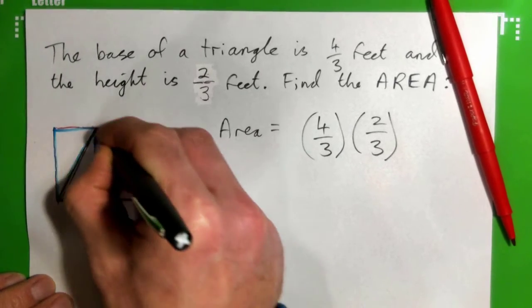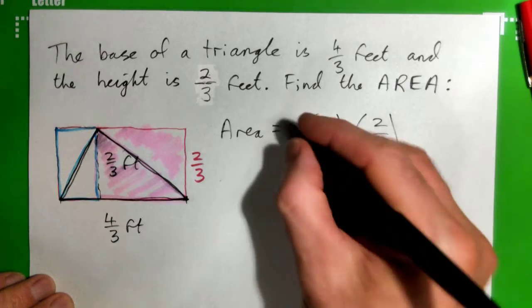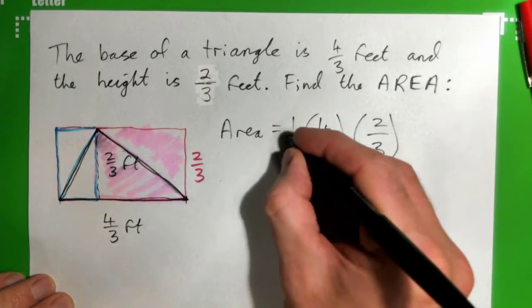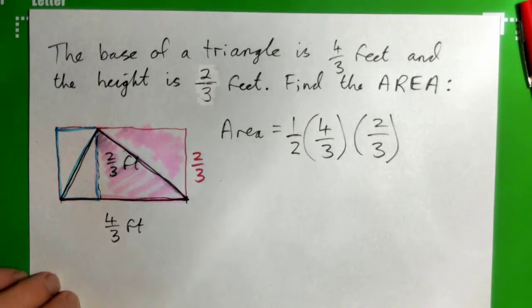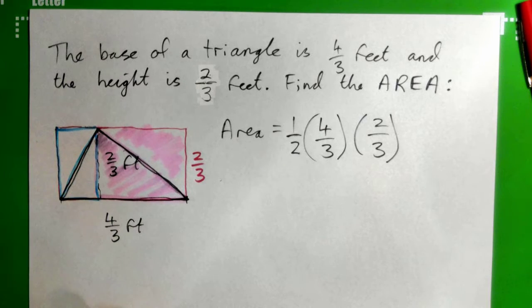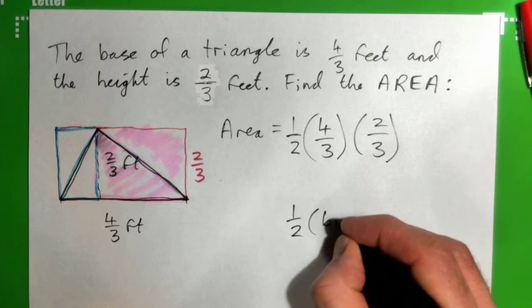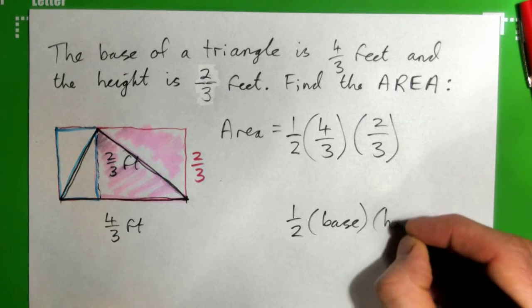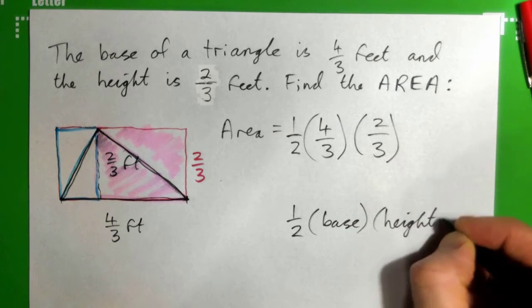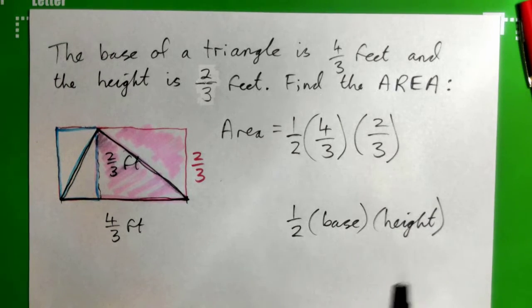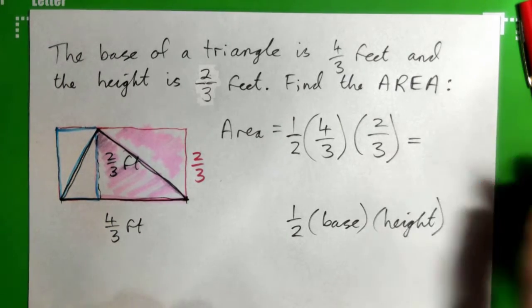So to get the area of the triangle, we just do 1/2 times the area of the rectangle. See that? Or it's basically 1/2 times the base times the height. And now we just multiply these fractions out to get the area of the triangle.